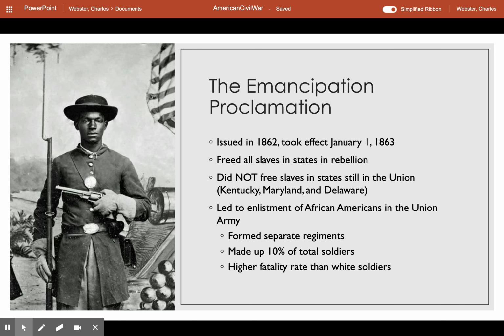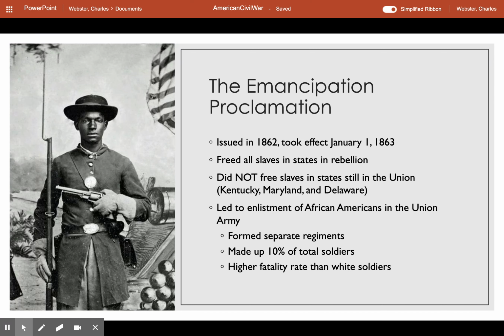So one of the most important events that did not happen on a battlefield was the Emancipation Proclamation. And this was issued in 1862 after the Union Army supposedly won the Battle of Antietam, even though it was so bloody.